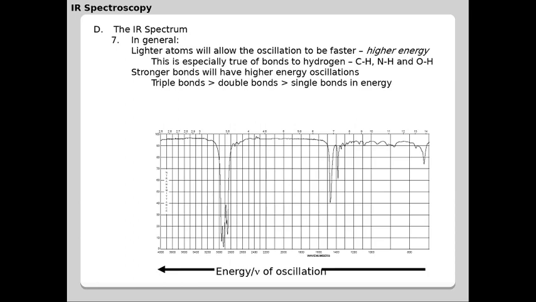You can say that the vibrational motions are in fact a function of the type of nuclei in a molecule, as well as the type of bond between the nuclei in a molecule.